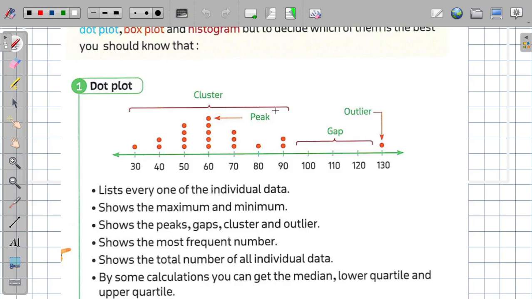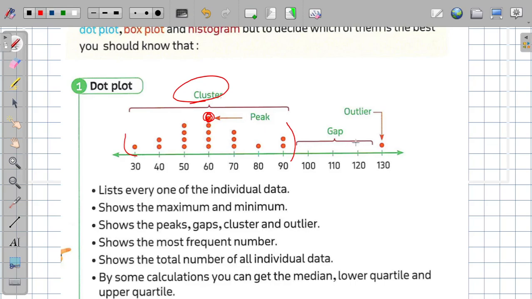If we have a group like this, we name it as the cluster. Okay, so we have a group of dots like this. We name this group of dots as a cluster. And the top point of the number line is called the peak.